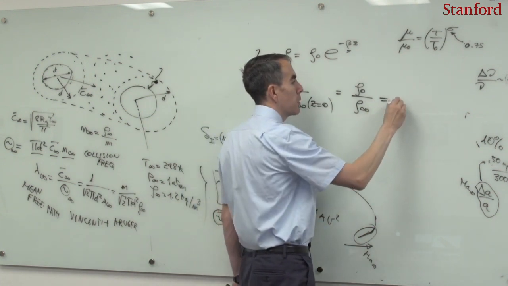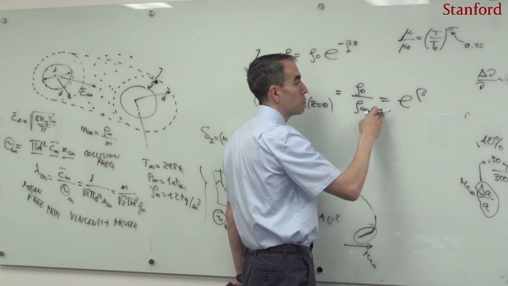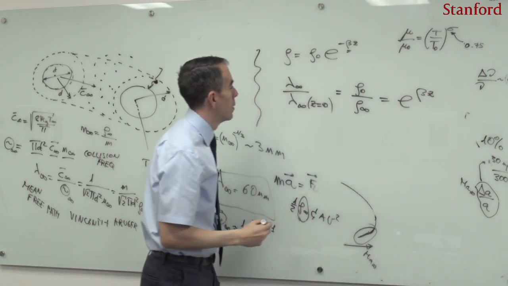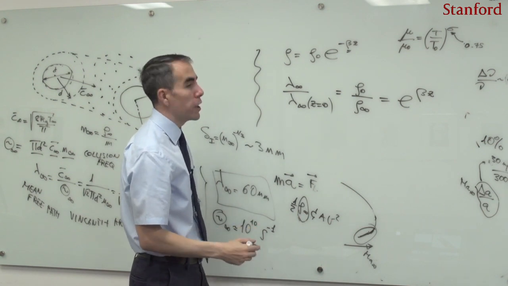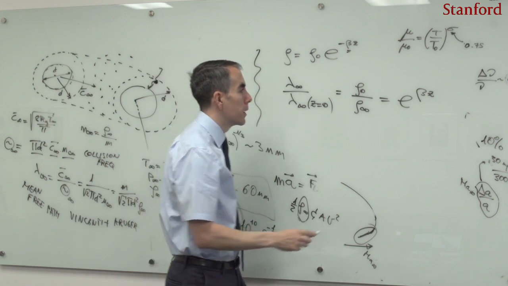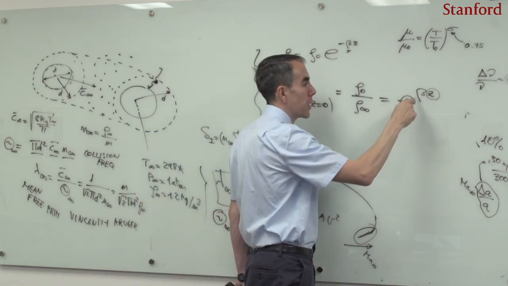And this number is going to be equal to the exponential of beta multiplied by z. So this is to say the following is that the mean free path actually increases exponentially with altitude at a rate that is also related to the scale height.